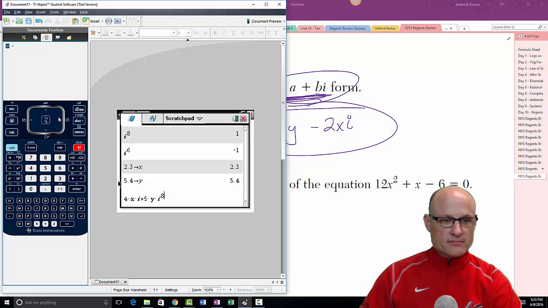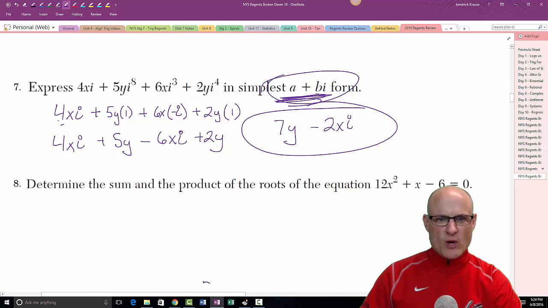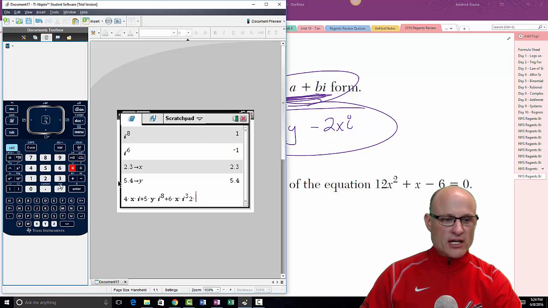I gotta get out of that. You gotta be careful the way you type in. Sometimes if you don't get out of exponent mode, you type in weird stuff. I think it was i cubed. Plus 2y i to the 4th, 2 times y times i to the 4th.